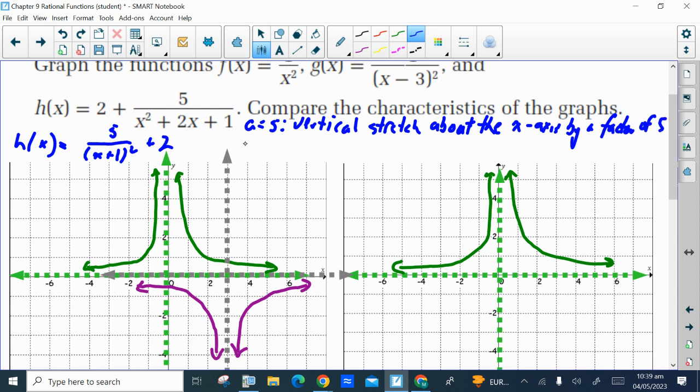As well, our h value is -1. Remember, the value of h is always the opposite of what it appears to be. The general form is x minus h. Our k value is +2. So this graph will shift 1 left and 2 up.